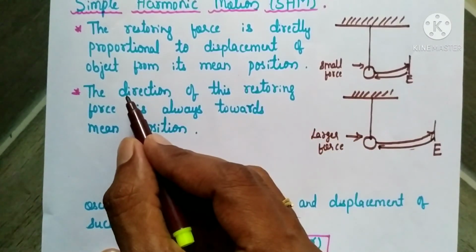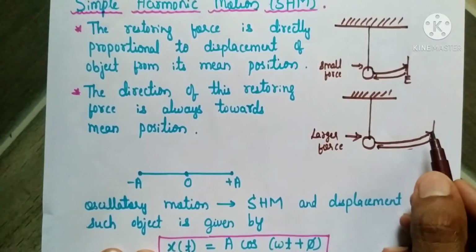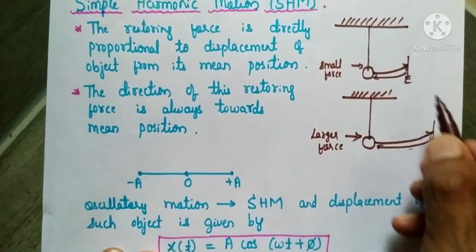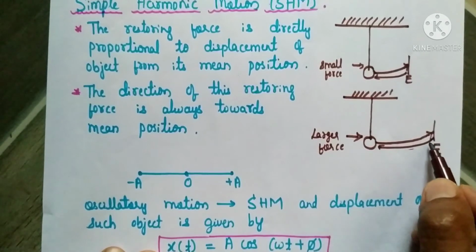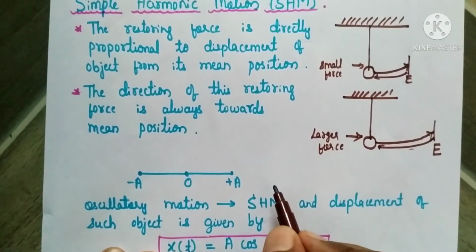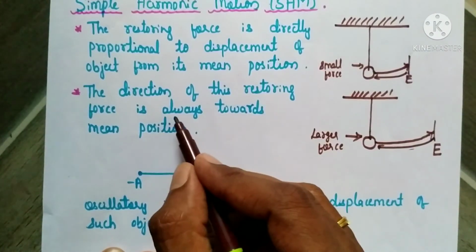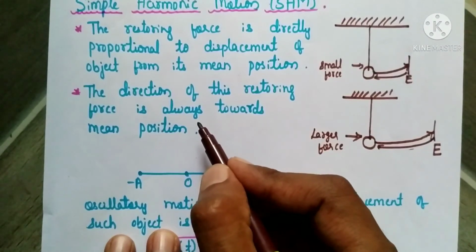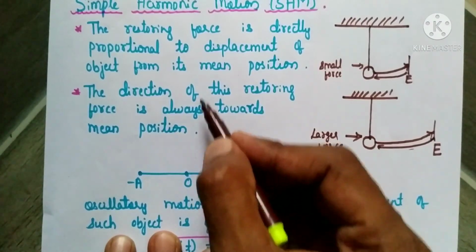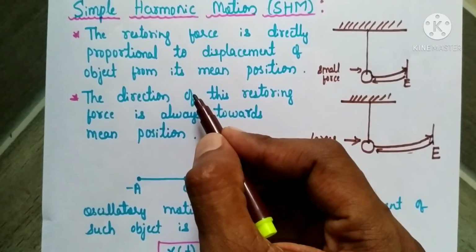And for the second condition, if you observe the direction of the restoring force, it is towards the mean position. In the first case also it is towards the mean position, and in the second case also. So the direction of the restoring force is always towards the mean position. If the moving object satisfies these two conditions, then we can say that the object is under simple harmonic motion.